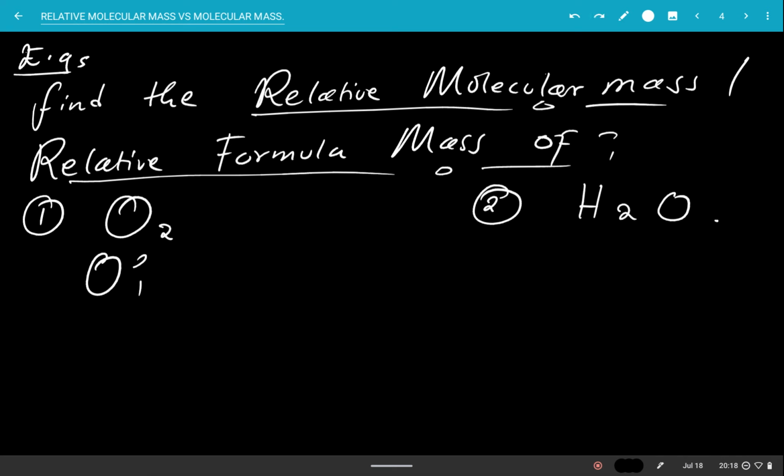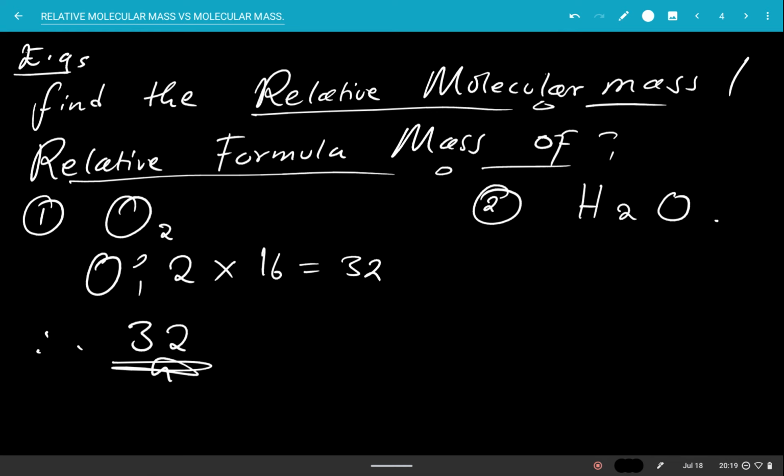This tells us that we have 2 atoms of oxygen being multiplied by the atomic mass of oxygen, which is 16 on the periodic table. If you multiply 2 times 16, you get 32. Therefore, the relative formula mass of oxygen is 32.